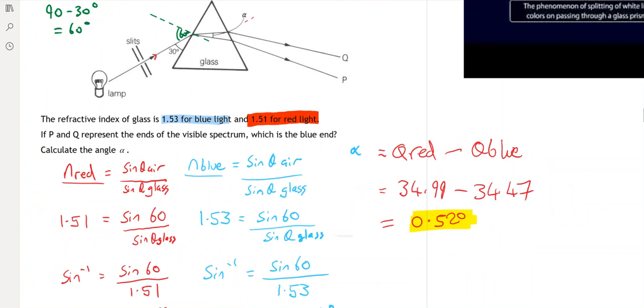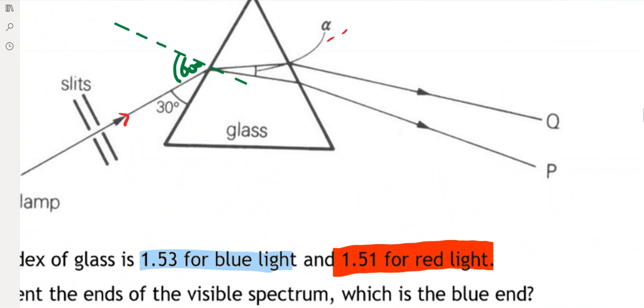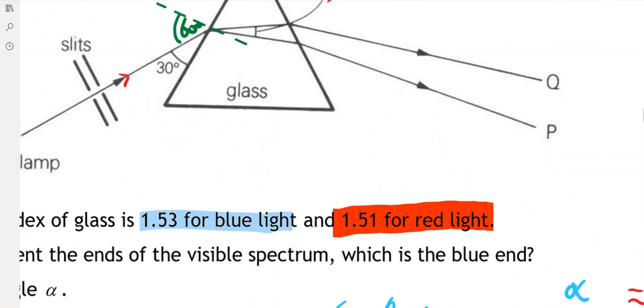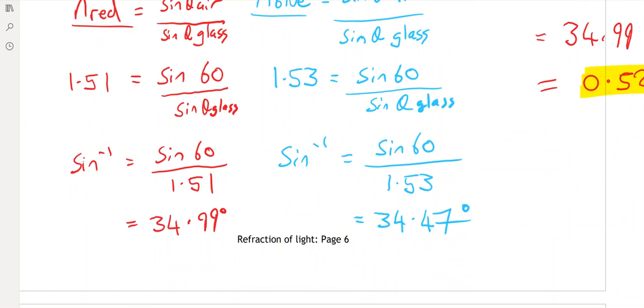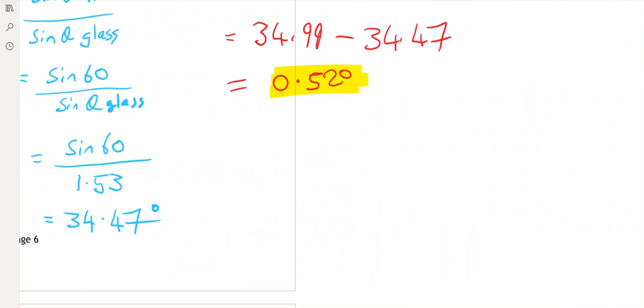So that question looks complicated. It isn't too bad. You just have to, first of all, calculate the incident angle by drawing your normal. Work out the refracted angle for each colour, red and blue, and then take away the two angles you've calculated to find the difference between them.